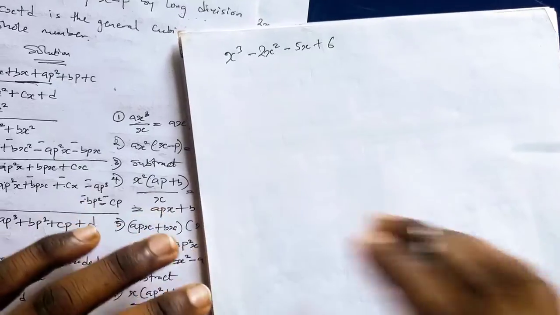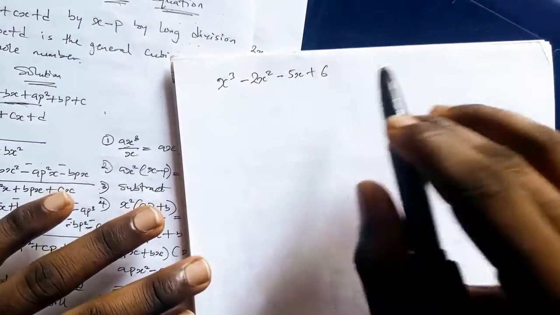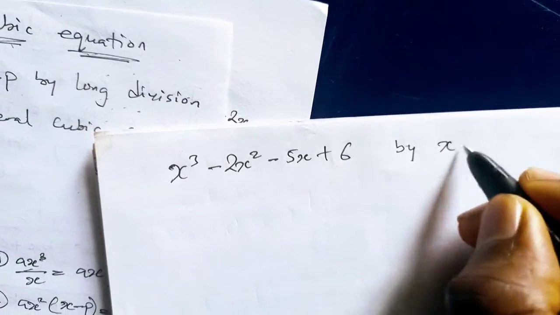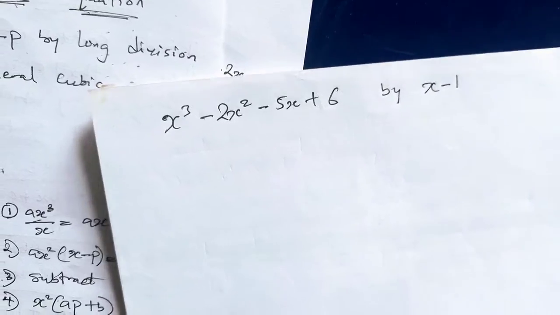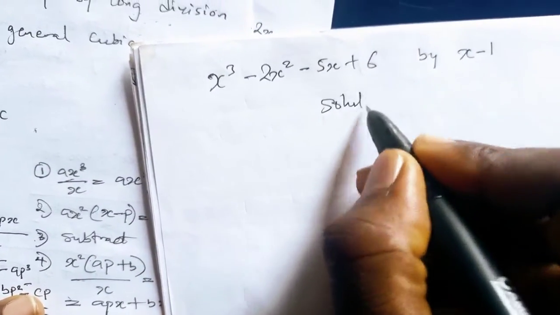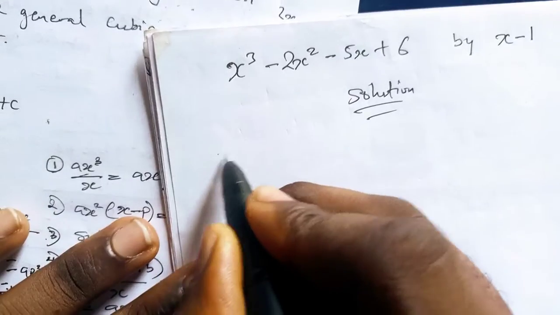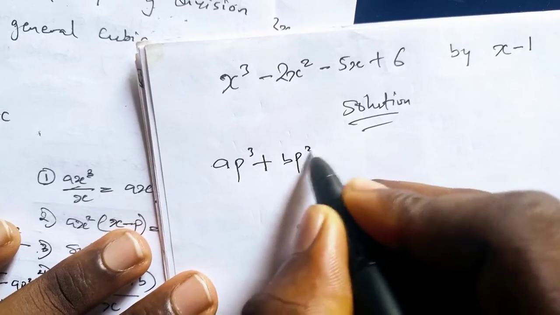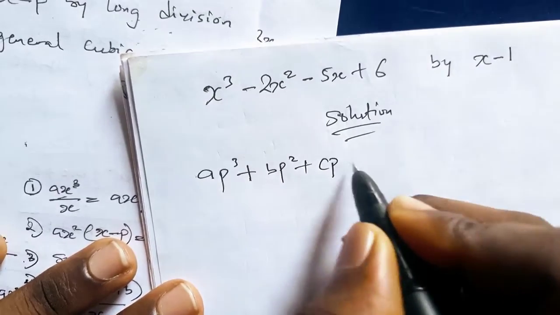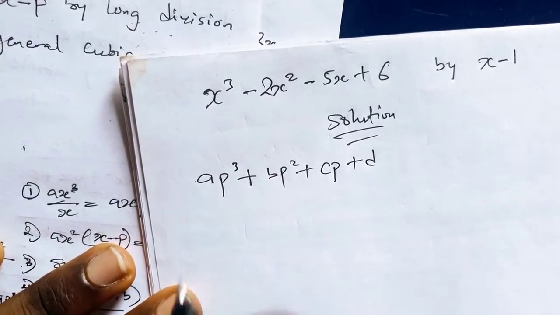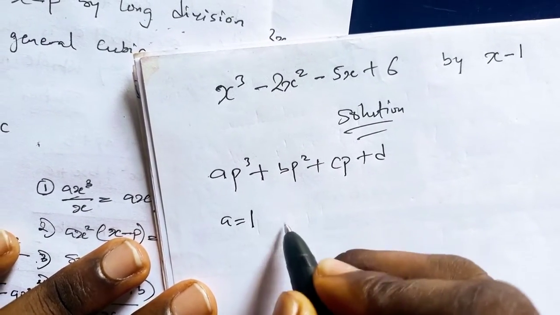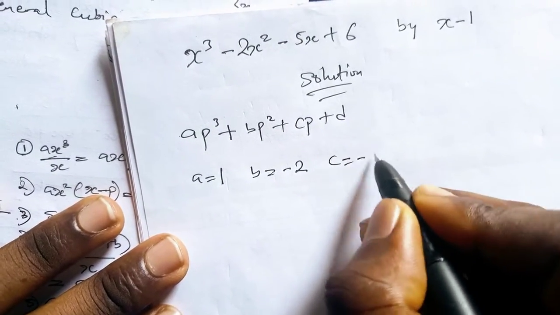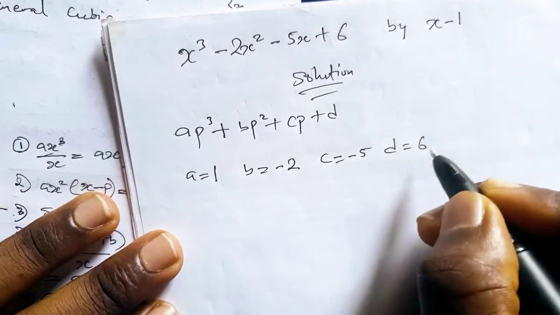Now, if you are asked to find the remainder of this particular cubic when it is divided by x minus 1, you should write solution, and by the remainder theorem, ap cubed plus bp squared plus cp plus d, where a is equal to 1, b is equal to negative 2, c is equal to negative 5, and d is equal to 6.